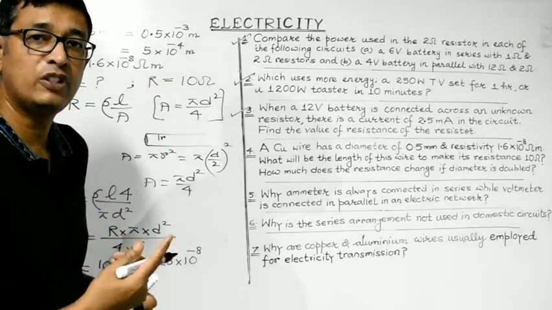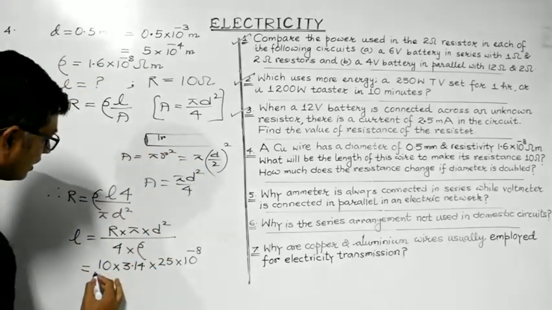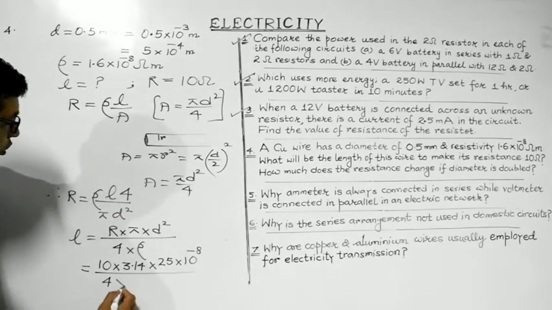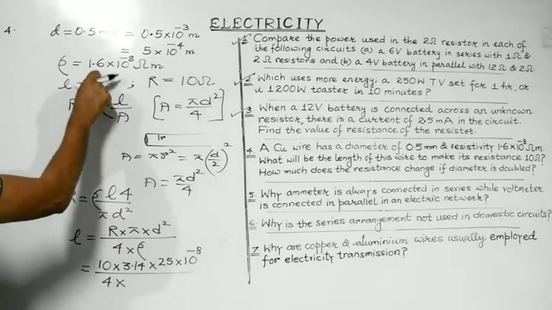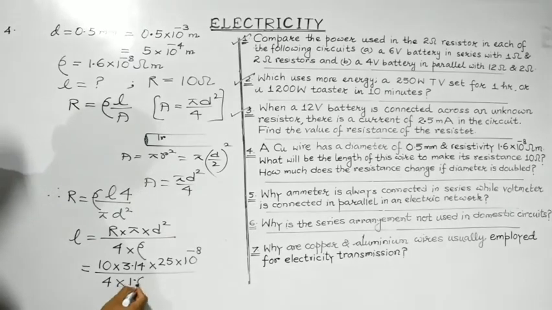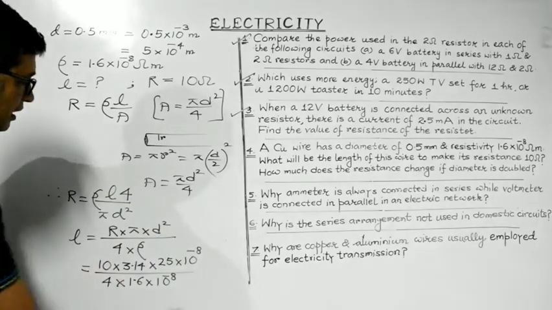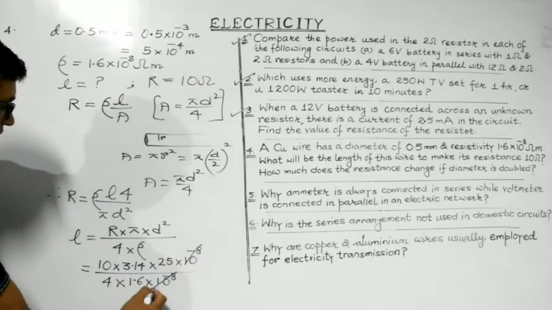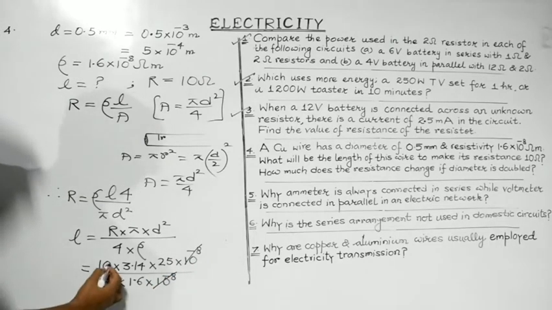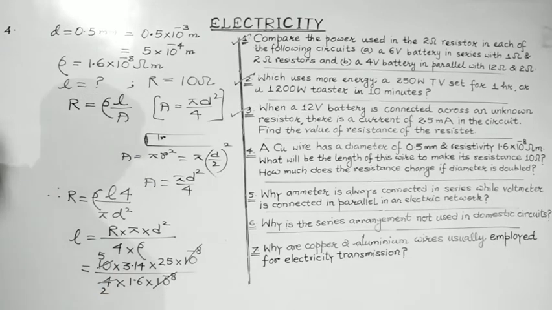So it will be 25 into 10 raised to minus 8 divided by 4 into rho. Rho is given to be 1.6 into 10 raised to minus 8. So I hope you can easily solve it. 10 raised to minus 8 and 10 raised to minus 8 get cancelled, isn't it? This will be 5, this is 2.